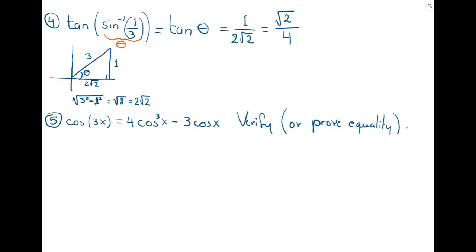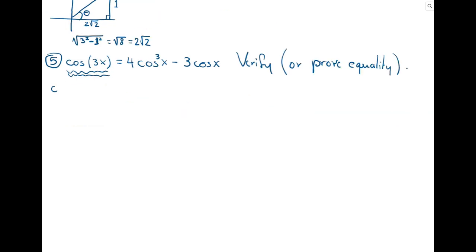Okay? All right. So what we need to do, remember, is we're working with one side of the equal sign and don't touch the other side. So I'm going to work with this side because I know there is a formula, an identity I can use for that. I have something to work with. So I can rewrite that as cosine of 2x plus x.